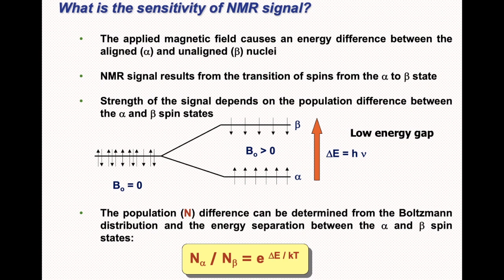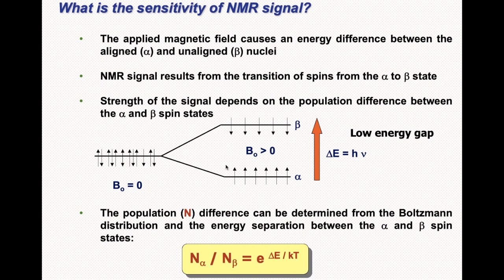Since the separation between these two states is very small, naturally the total population tries to occupy both spin states equally, and only a slight excess population can be observed in the ground state, that is the alpha spin state. Signal detection is related to this excess population in the alpha spin state.